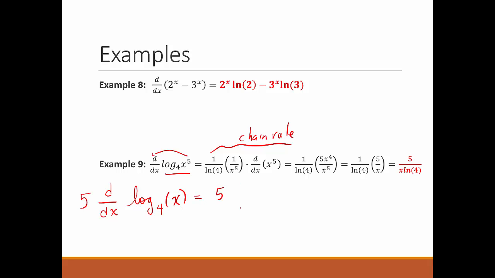The 5 is still out front. This definition we said was 1 over ln of the base times 1 over x. Well, if you put it all together, that's that piece back again. So it just might be a different way to see how this one's written out.